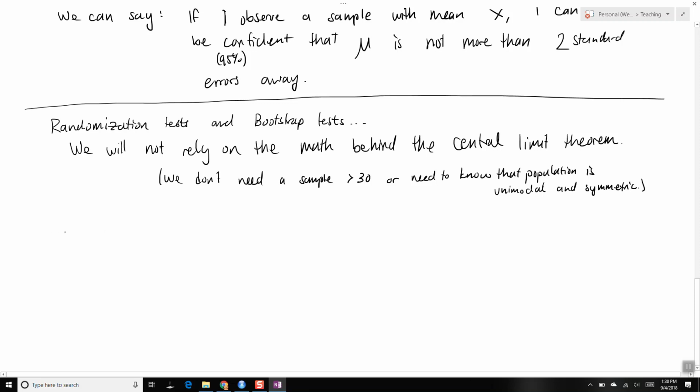Instead, we take our definition of the p-value and turn it into something we can test. Do you recall the definition of the p-value? The p-value is a probability.